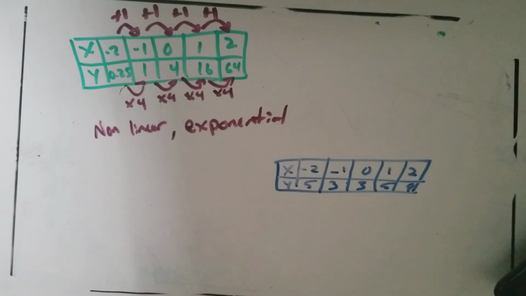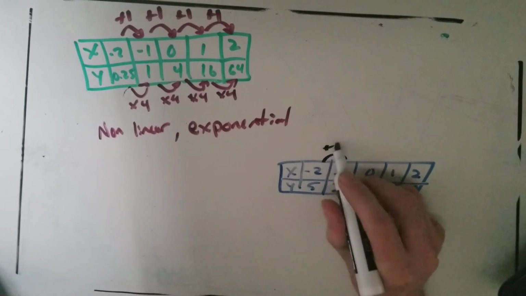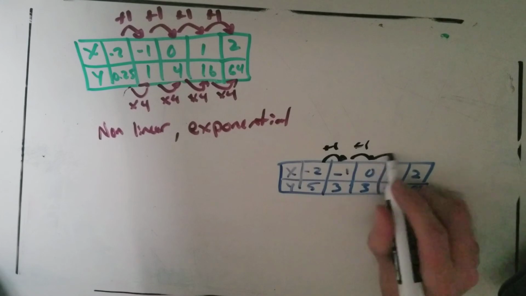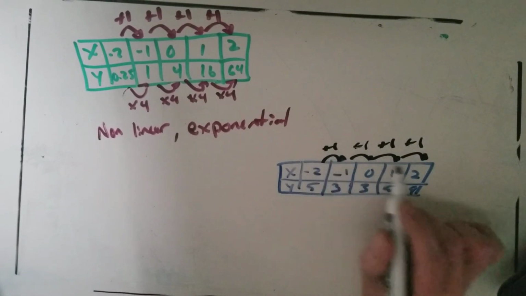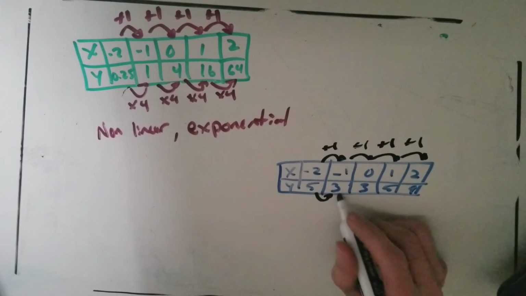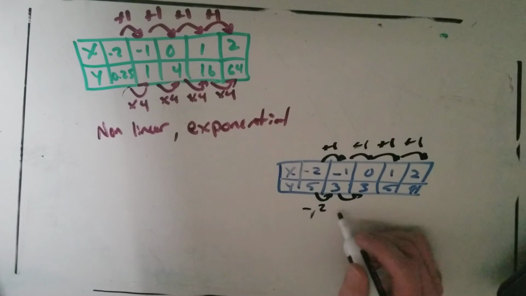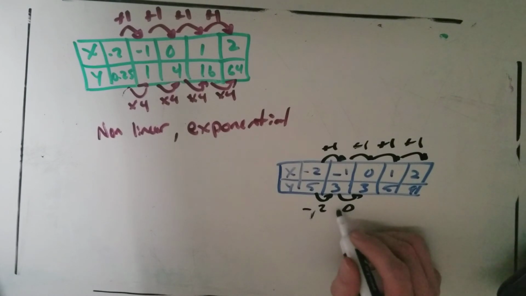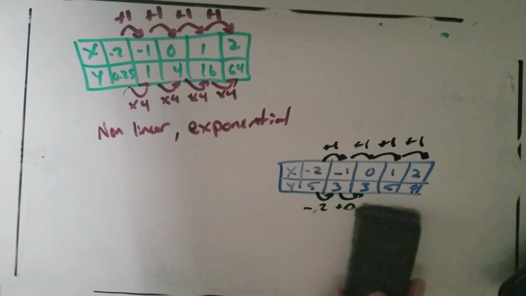If we check for linearity, we have +1, +1, +1, +1, constantly going up by 1, which means we'd have to go constantly up by the same y. We go -2, and then plus or minus 0, we stay the same. So we know it's not linear.